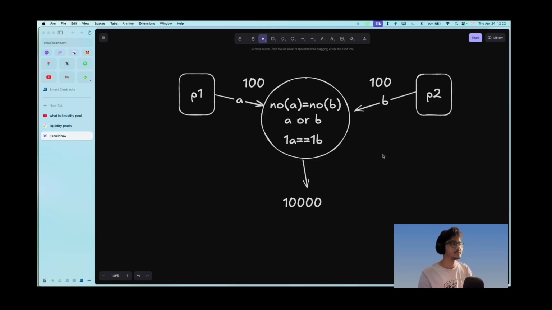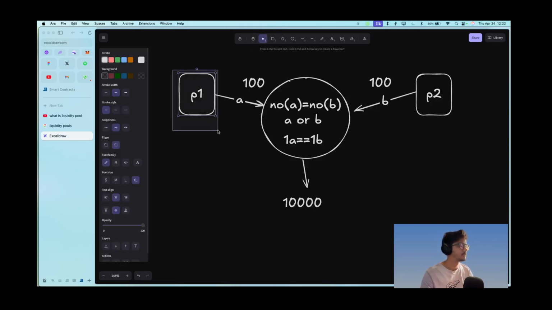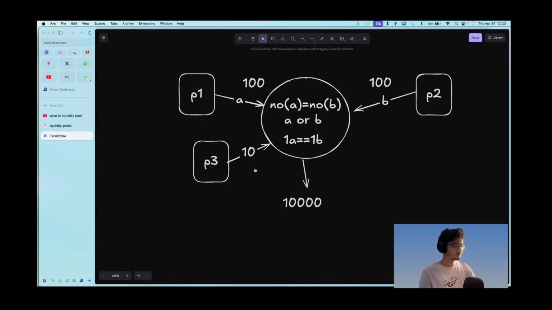Okay, so now let's say a person called P3 comes here and he or she wants to deposit 10A more, 10A into this magic mixer.